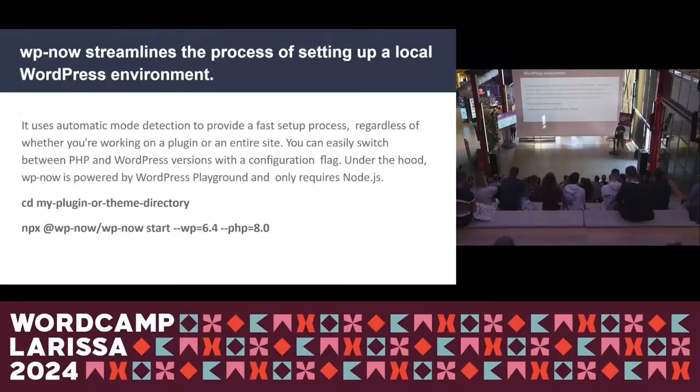You don't need to have MySQL, etc. When you install it, this is one simple example: you go to your folder, the plugin, the theme, or an empty folder if you want, and this command will run WordPress version 6.4 and PHP 8.0 for you in your browser, of course. When everything builds, it will open the browser, the link will be localhost at some port, and you will get the same thing you get on the playground.